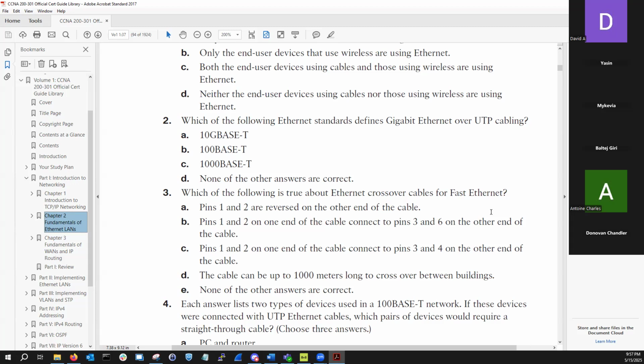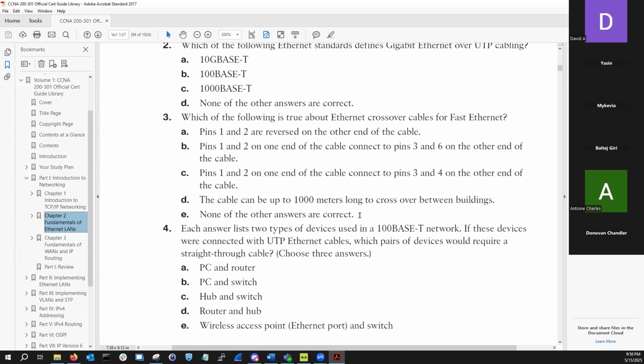The reason is basically pins 1 and 2. Pin 1 transmits, as does 2, on the other end. Pin number 3 receives, as well as 6. And that would be the option I pick. Great breakdown. Amazing. Thank you. All right, that is correct.